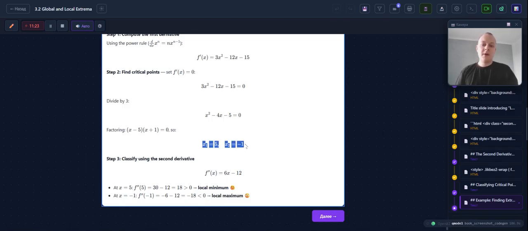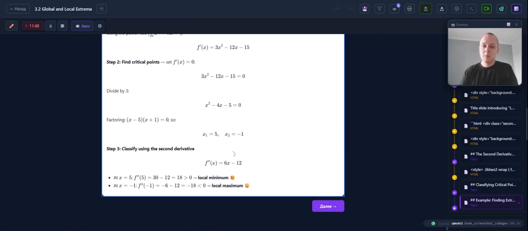So we found two possible extrema points, that if we plug into our equation, we will get 0. It means this particular point is an extrema.